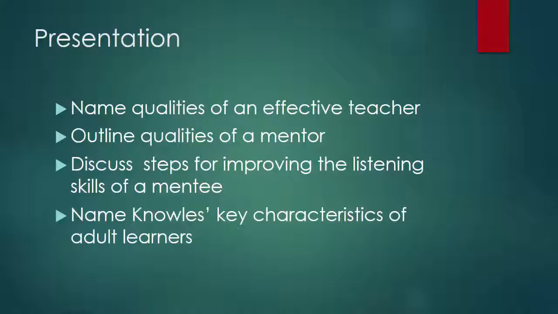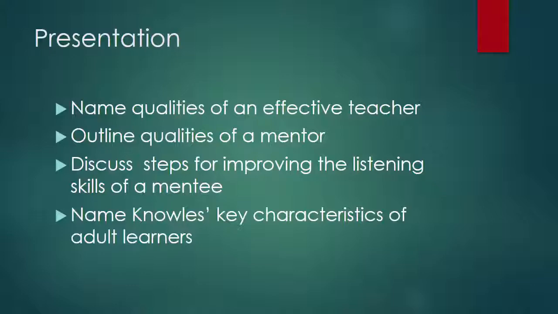You know, that's needed, listening skills, because between a mentor and a mentee, there should always be that communication. So there is a need to improve the listening skills of a mentee. And then we have that scholar by the name Knowles.